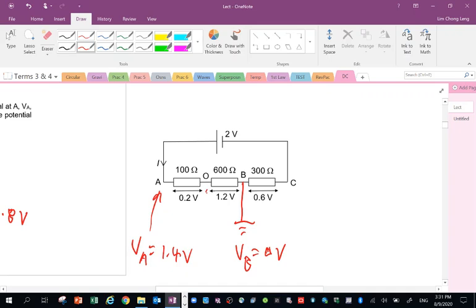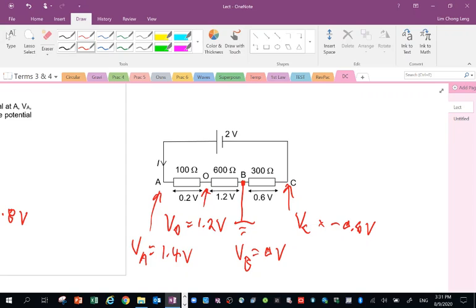What about VO? VO will have a potential 1.2 volt above earth. What about VC? VC will have a potential which is negative 0.6 volt relative to earth. So that is when you connect earth to point B.